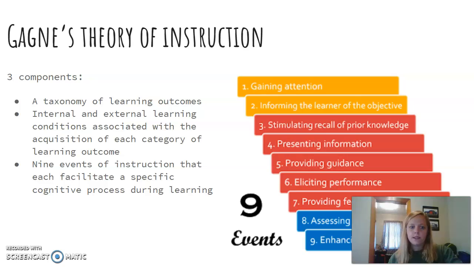As you can see in this picture, it has those 9 different events. First you need to gain your students' attention and tell them what the learning objective is going to be. Stimulate that prior knowledge, if they need to remember something from before. Then present that information, provide guidance along the way, then have them practice the skill and provide feedback.